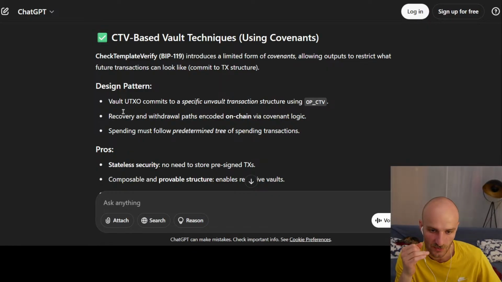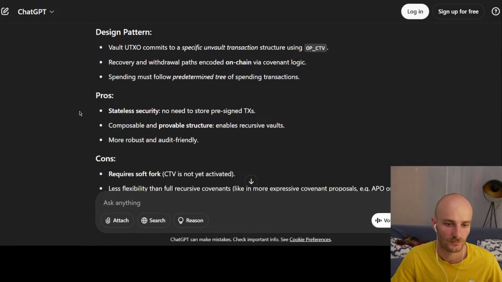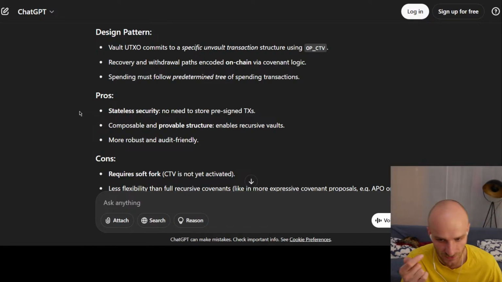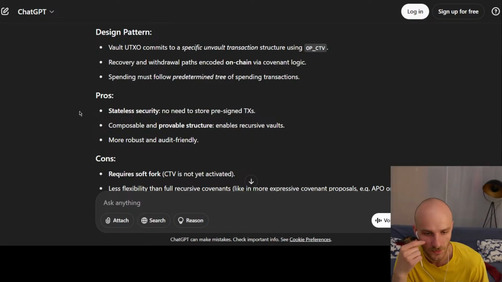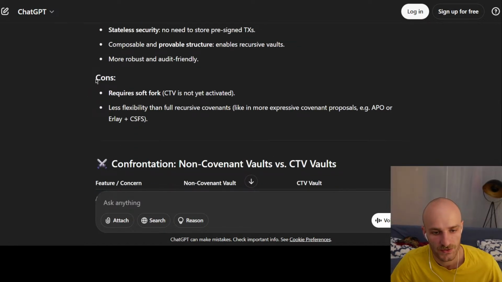Spending must follow a predetermined tree of spending transactions. Pros are stateless security, no need to store pre-signed transactions. It's composable and its provable structure enables recursive vaults. More robust and audit friendly. Cons are that it requires a soft fork and has less flexibility than recursive covenants, like more expressive covenant proposals.